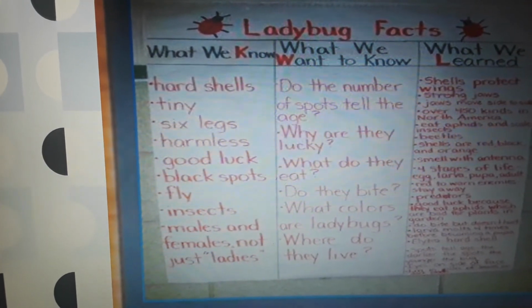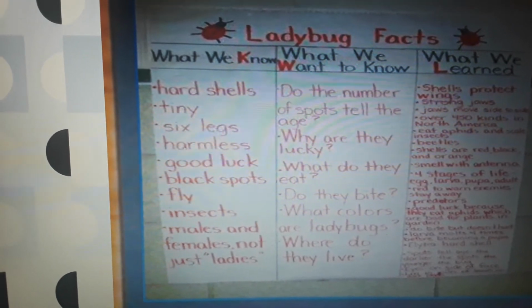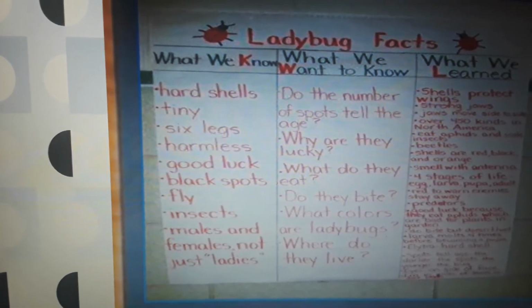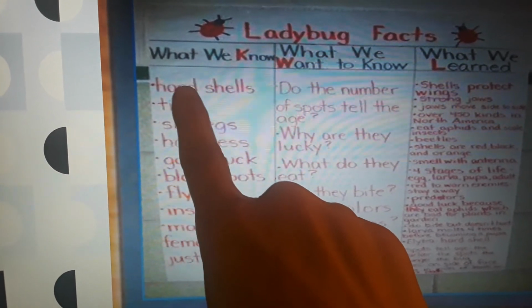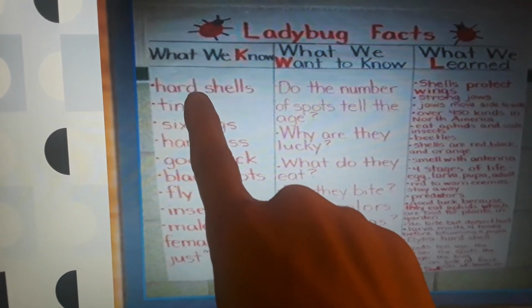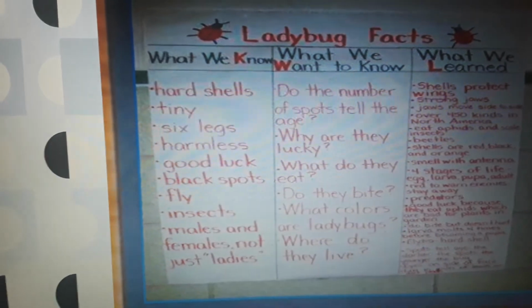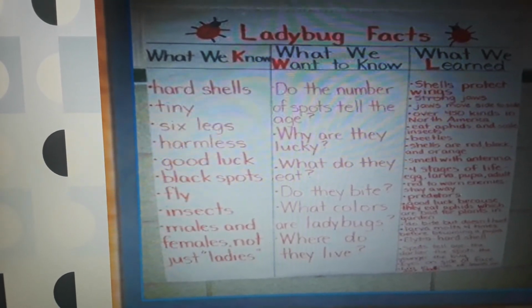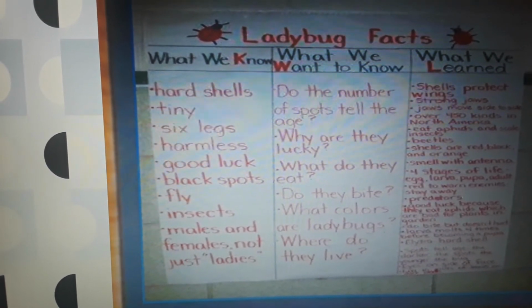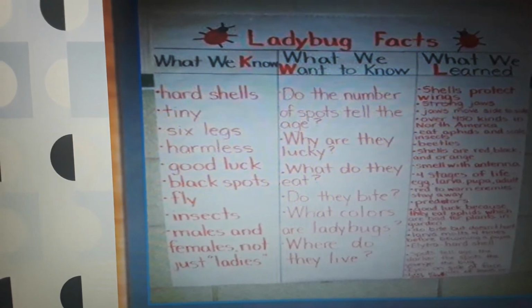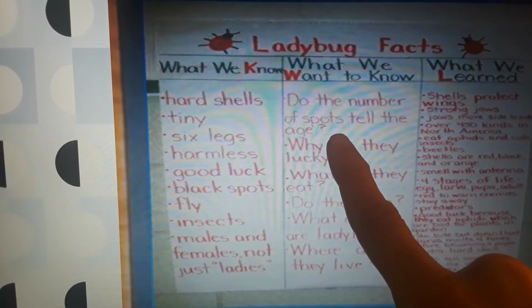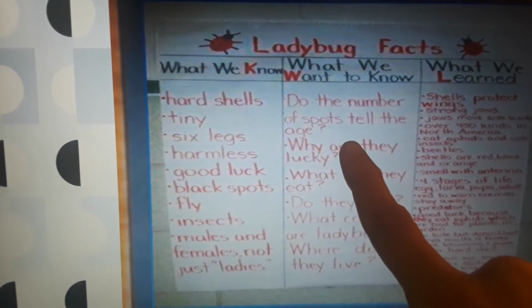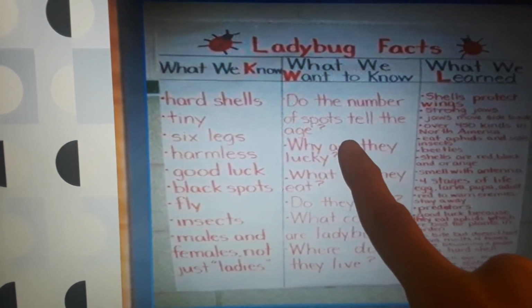Ladybugs. What do we already know? K. I know that they have hard shells. W. What do we want to know? Do the number of spots tell their age?